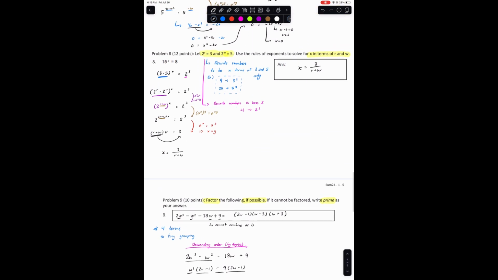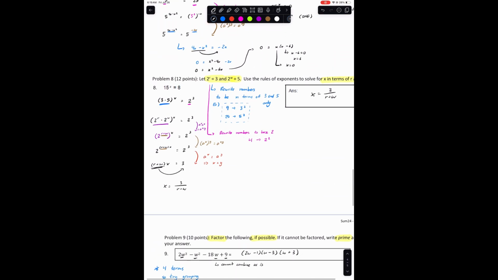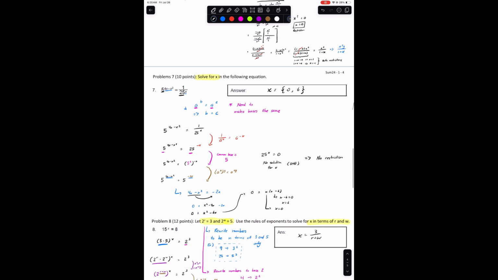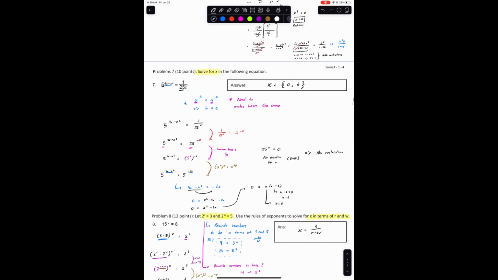Number 8, that's straight from your daily packet, that whole section with rewriting numbers in terms of something else. Number 7 was just application of exponent laws. This is a very common type of question where the variable is in your exponent, so you need to force both sides to have the same base, and you need to manipulate those exponent laws in your favor.